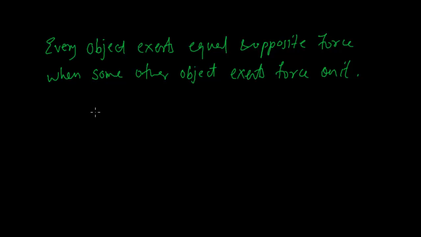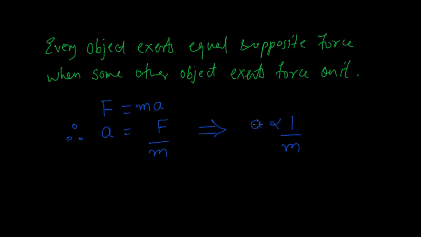So why? Okay, the fundamental lies in the equation F is equal to m into a, where m is mass and a is acceleration. Therefore acceleration is F upon m. So what we see is, for a given force, acceleration is inversely proportional to the mass.